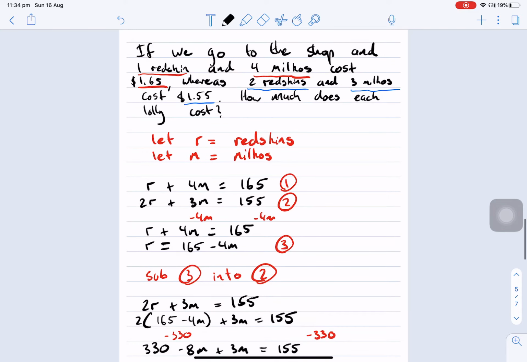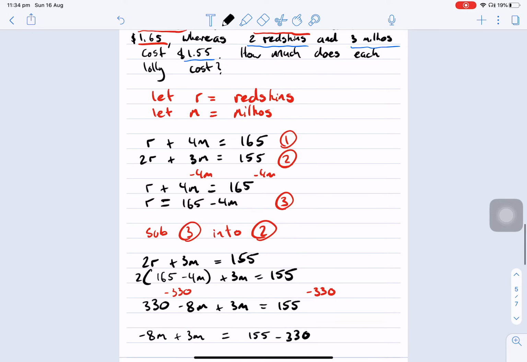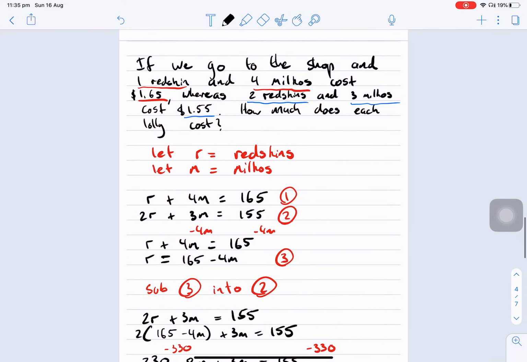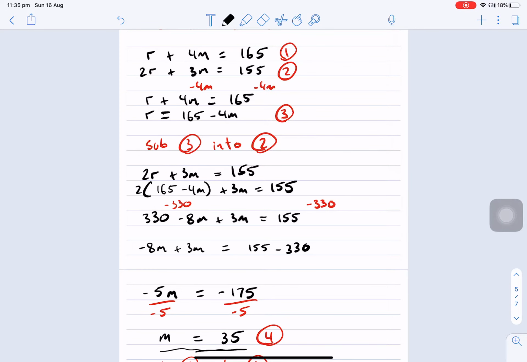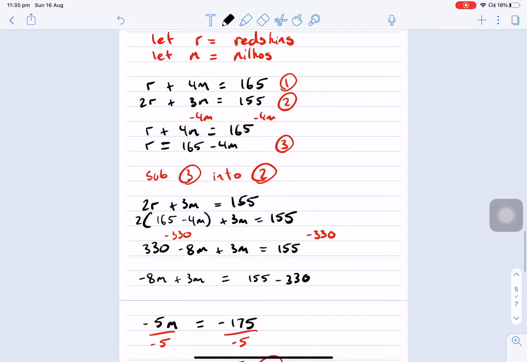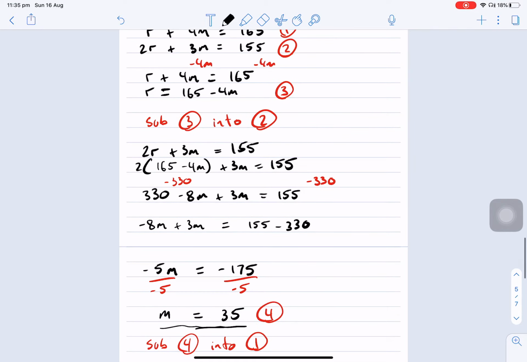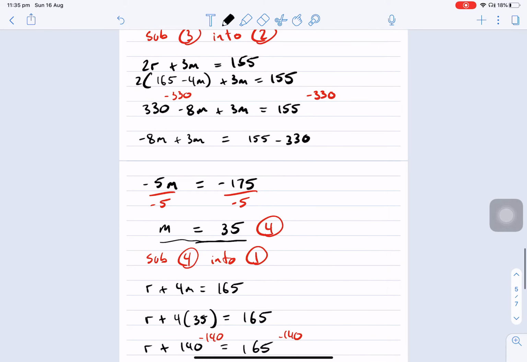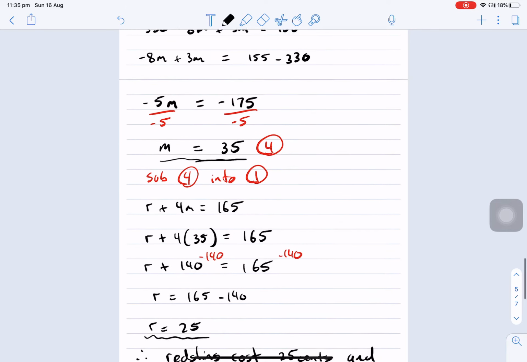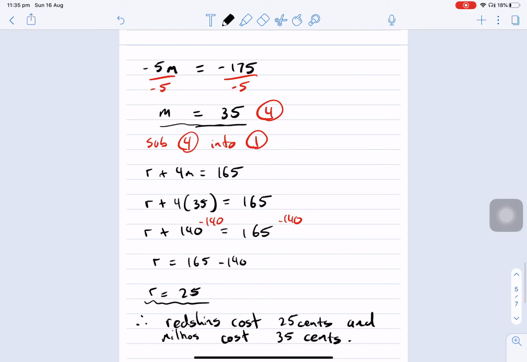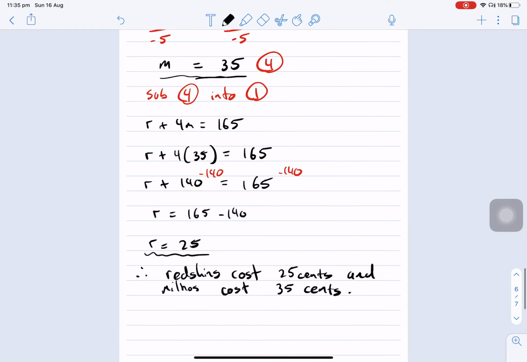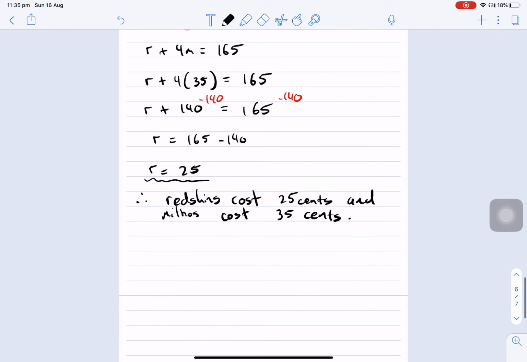And when we did this, we just let R and M equal our variables, set the equations as per the question. We found an R value by manipulating our initial equation, which we made equation 3, subbed that into equation 2. We solved that, found that M equals 35, and then we subbed that value of M equals 35, equation 4, into the original equation 1, solved that, and found that Redskins were 25 cents.